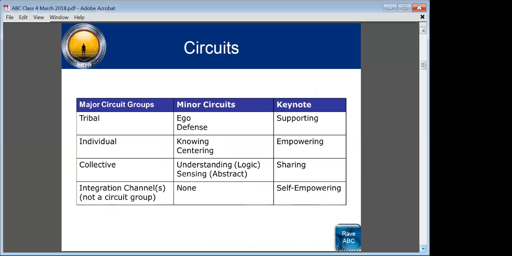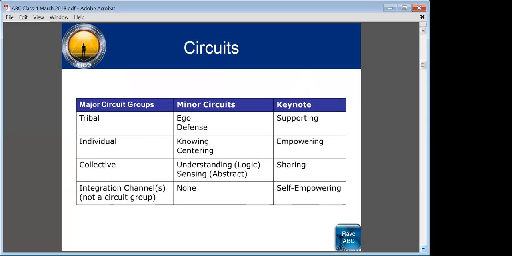You notice that the plural is in parentheses because it can be one expression of a channel, or it could be a combination of channels. But it's not a circuit group. It's not something that's all self-contained and providing a certain kind of movement as it engages and interacts with the world around it.